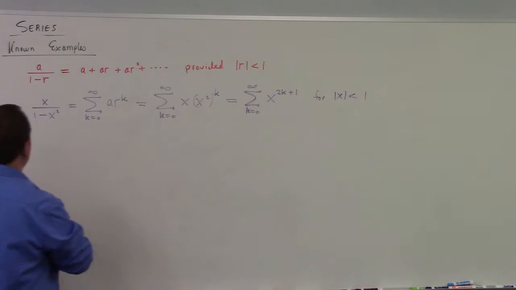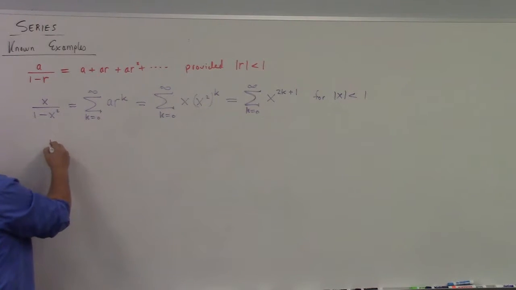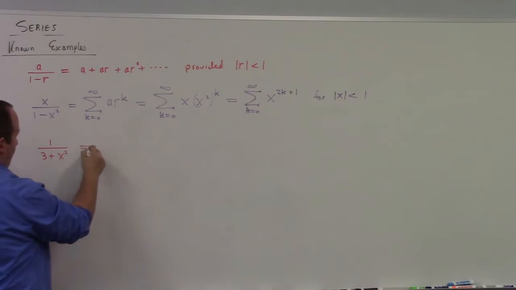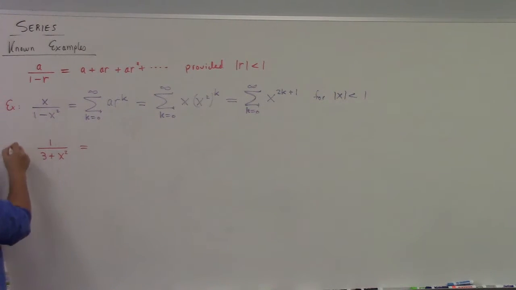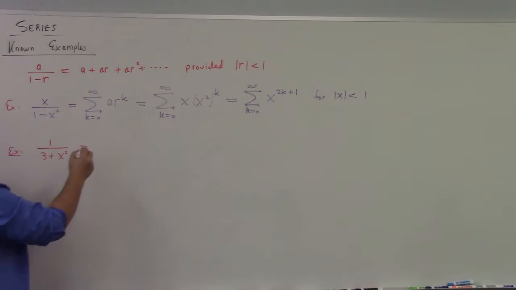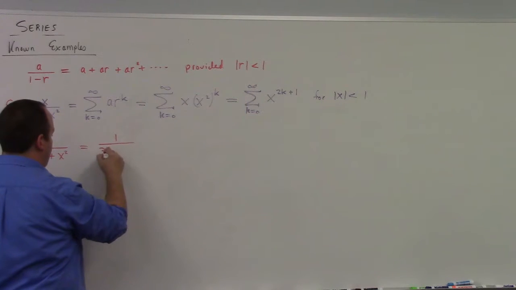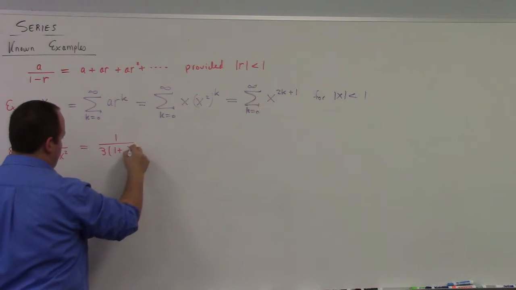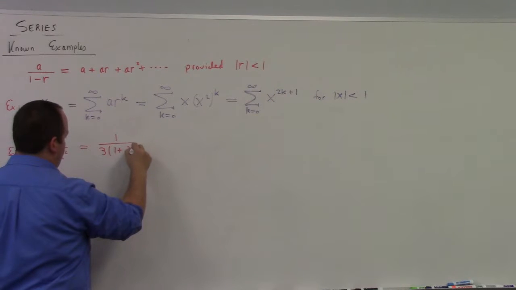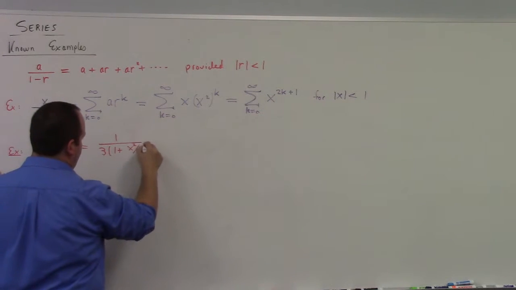So this is just for another example. If I have 1 over, say, 3 plus x squared, what would this be? Well, see, this 3 is cramping our style. We got to factor it out, right? So this is 1 over 3 times 1 plus x squared over 3, right?